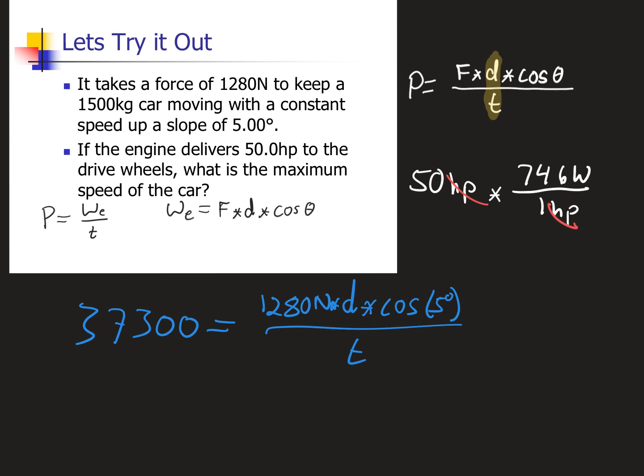We can do some math. Either we can multiply the 1,280 times the cosine of 5 degrees and just kind of get one number, or we divide both sides by that same quantity. The math should work out that it literally does not matter that order, that I can actually have it set up such as that.